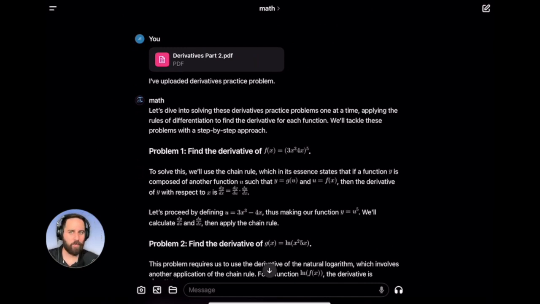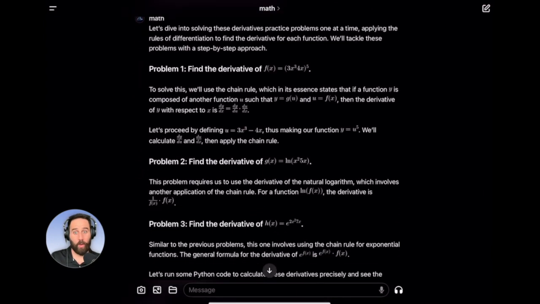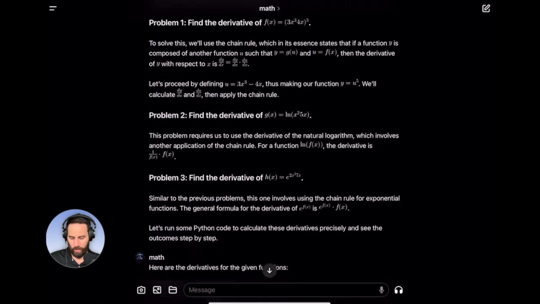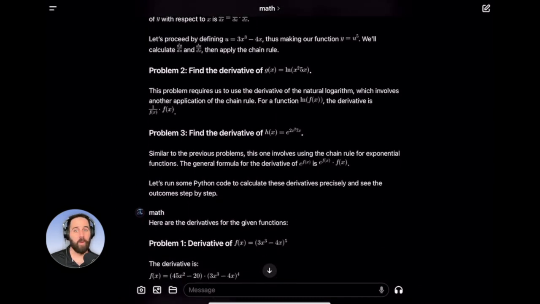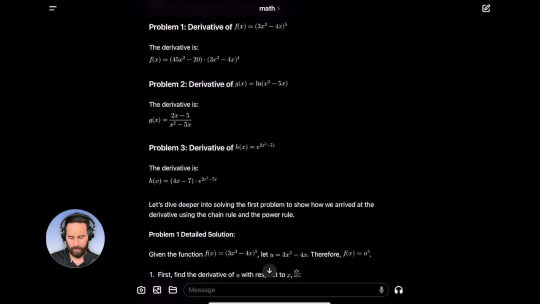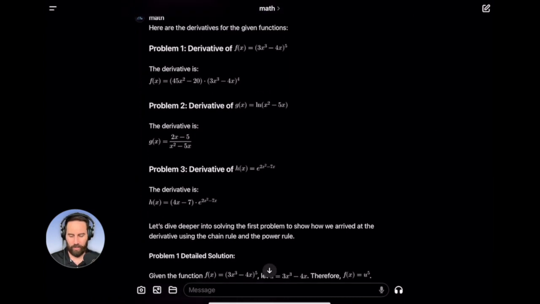Every time you upload a document, each GPT gives a different first step. For example, this one went through the entire thing: problem 1, problem 2, problem 3, what to do. And then it went ahead and just did it, which is very, very interesting.